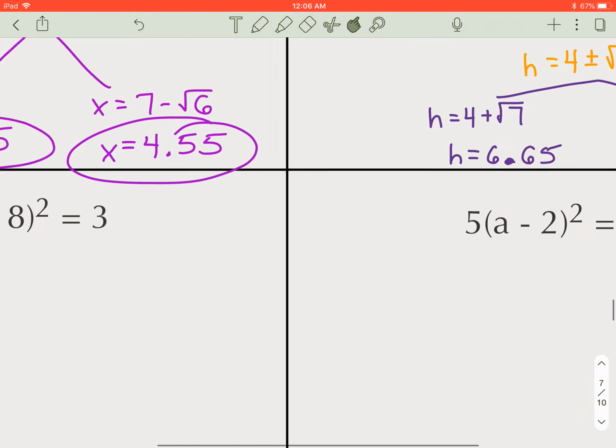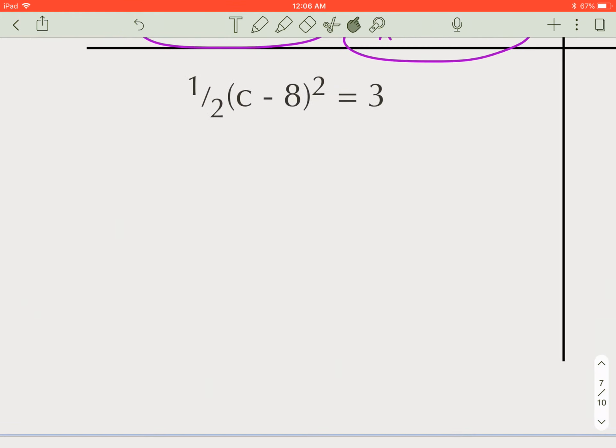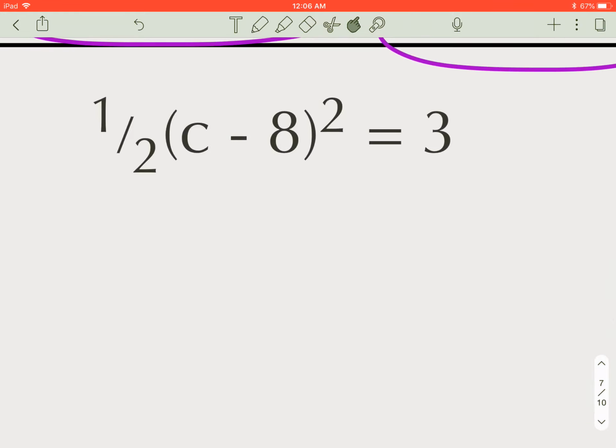All right, moving on to the next example. Here I have 1/2 times the quantity of c minus 8 squared equals 3. I could divide both sides by 1/2, but I think a lot of you guys realize at this point that multiplying by the reciprocal of the number is the same as dividing by that number. So my first step to this problem would be to multiply both sides by 2.